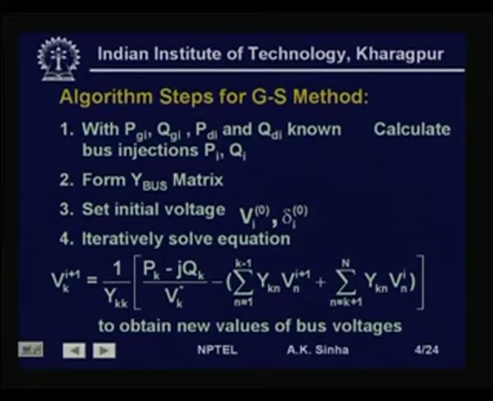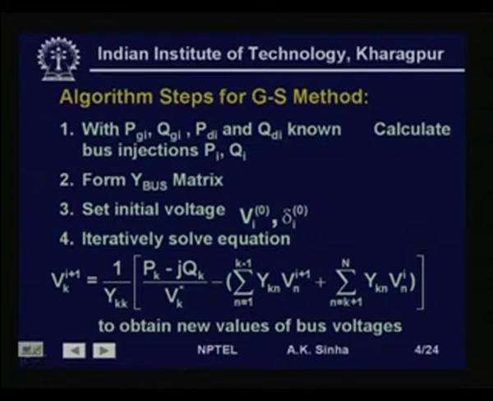Well, as we discussed in the last lesson, the algorithm steps for the Gauss-Seidel method are: first, we need to find out the bus injections Pi and Qi from the known values of generation, that is Pgi, Qgi, and the loads Pdi and Qdi at bus i.